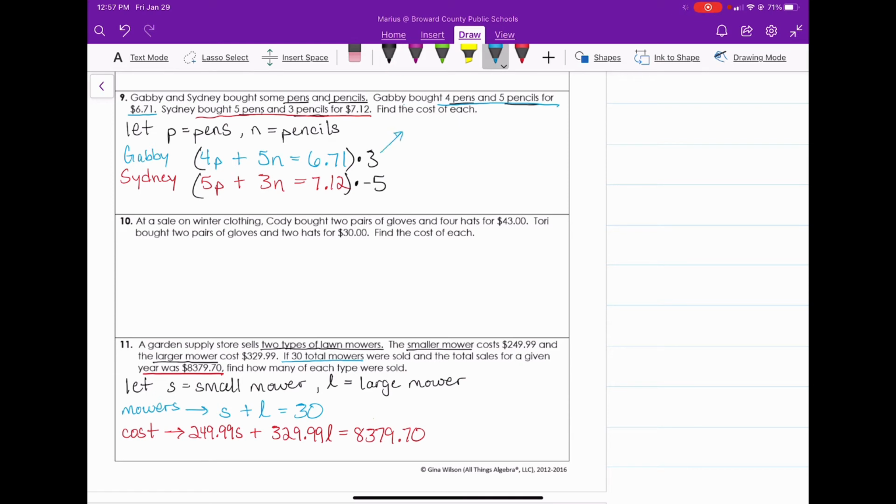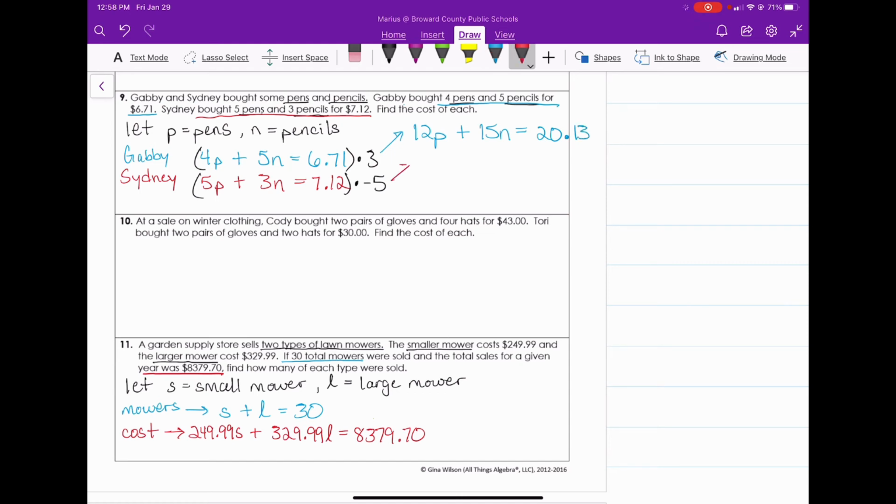So what are those new equations going to look like? Positive 3, so that's going to be 12p plus 15n equals 6.71 times 3 is equal to 20.13. Okay, so that's the new first equation.